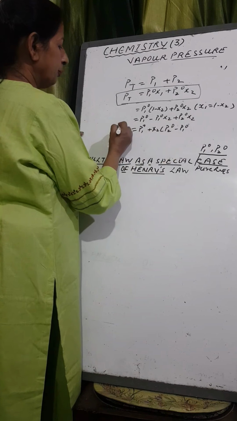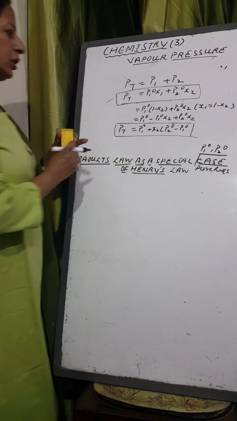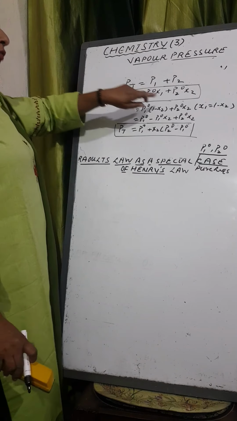We can write it this way also. So you can use this expression to find out the total vapor pressure where you have taken the mole fraction of both the liquids. You can write in terms of mole fraction of one component.